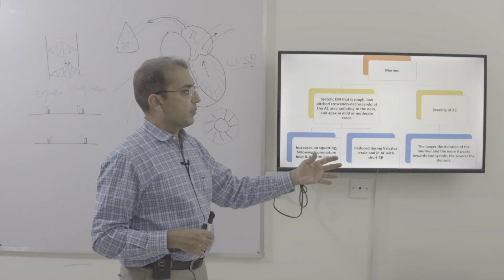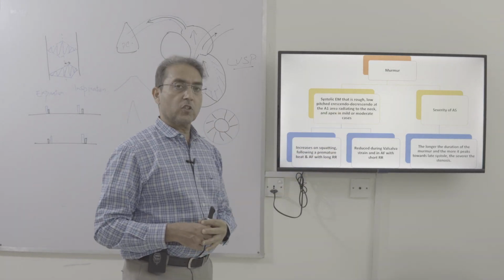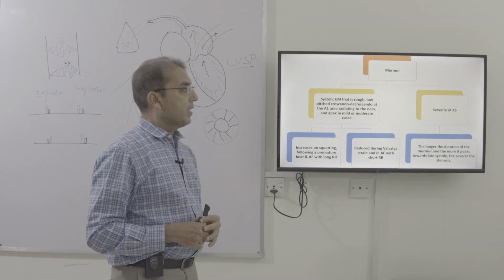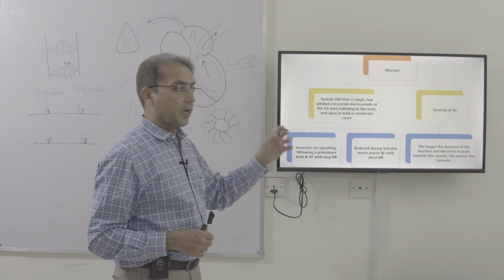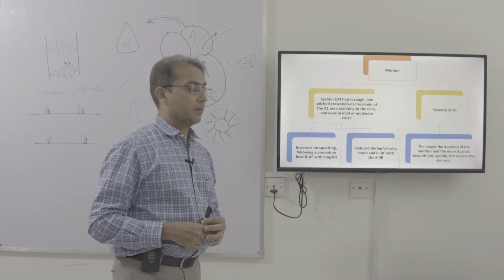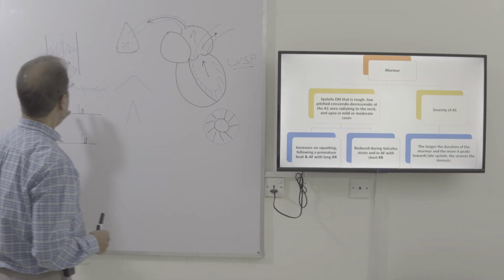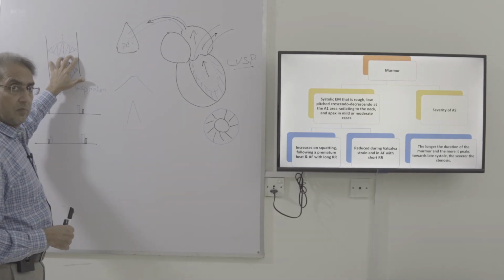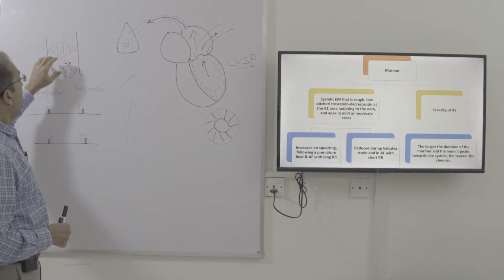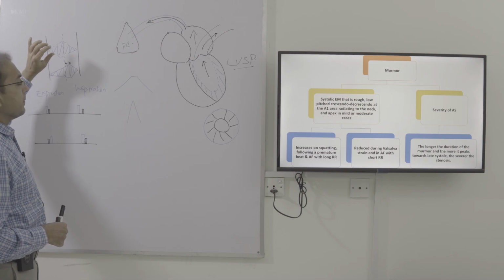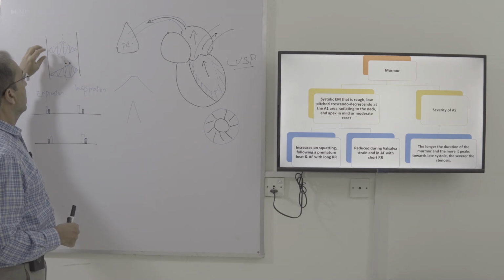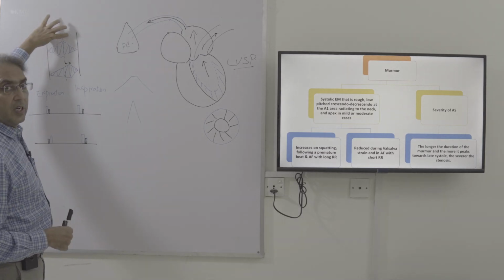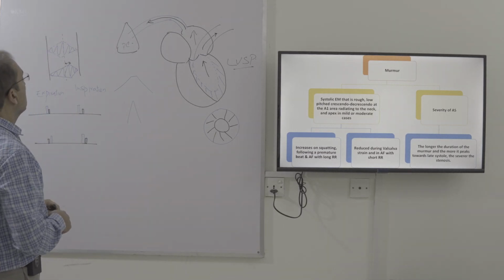Now, the duration of the murmur gives us some idea of the severity of the aortic stenosis. You see, the severer the aortic stenosis, the longer is the duration of the murmur. Now we see this is the systolic phase of the cardiac cycle. And you see, if there is a less tight stenosis, a large amount of blood is ejected in the early part of cardiac output.